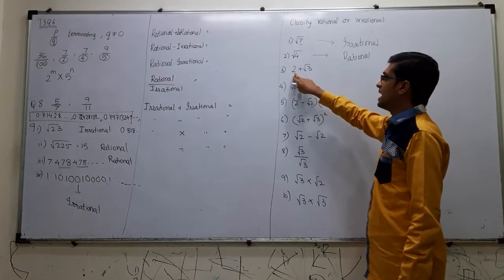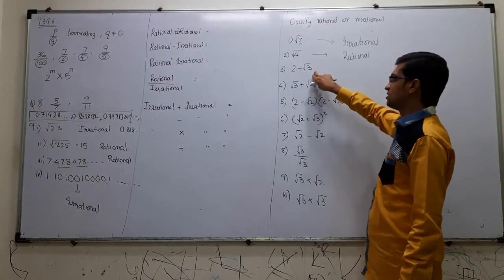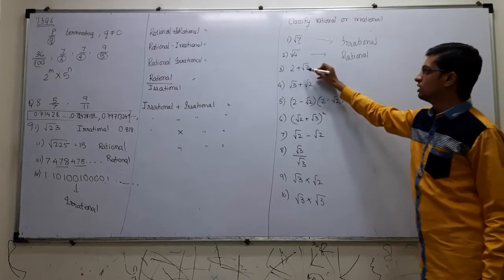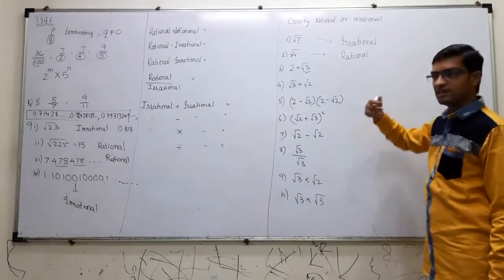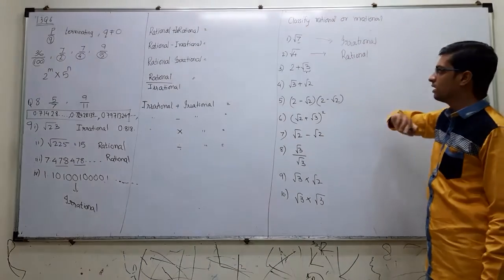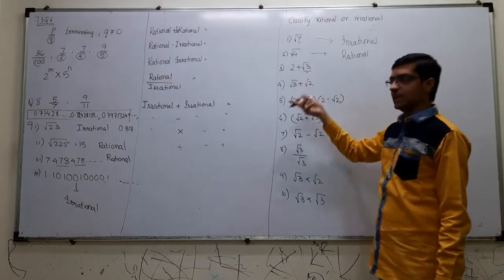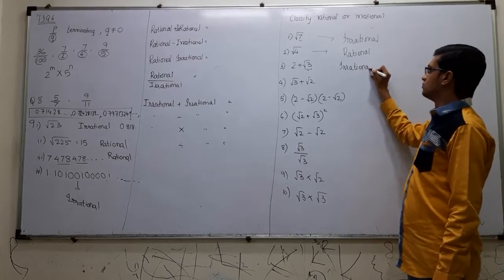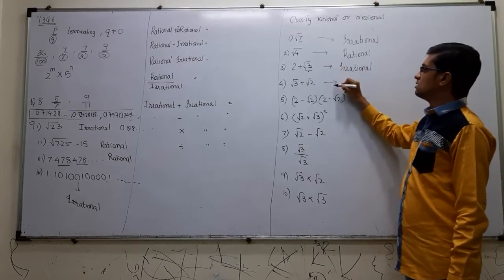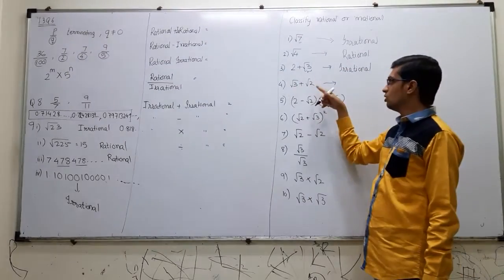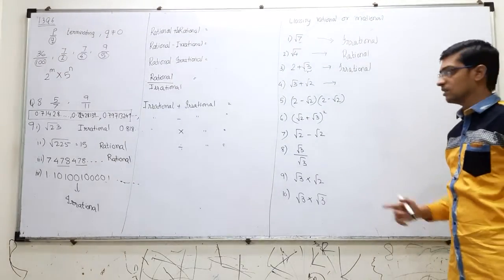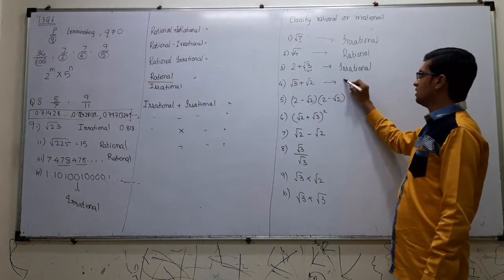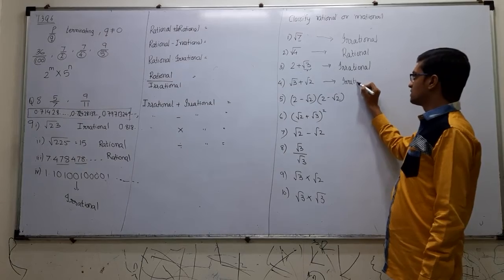So what if I add a rational number and an irrational number? I don't know the exact value of root 3. It is infinite, non-terminating, non-recurring. So even if I add, it will be irrational. Same, root 3 is irrational, root 2 is also irrational. That is, irrational plus irrational will also be irrational.